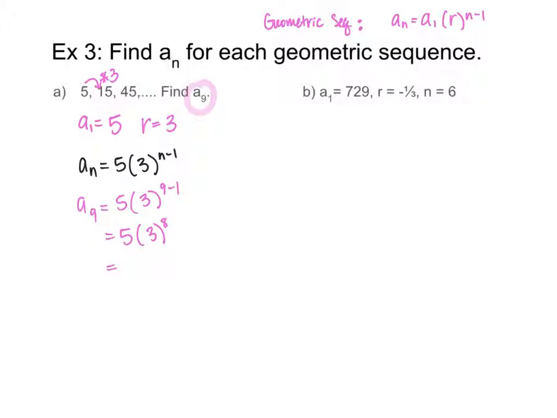Now I'm left with 3 to the 8th power, and I'm going to have to use my calculator for that. 3 to the 8th power gives me 6,561. If I multiply that by 5, I get 32,805 as my ninth term.